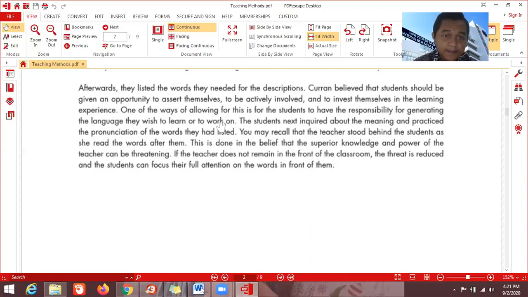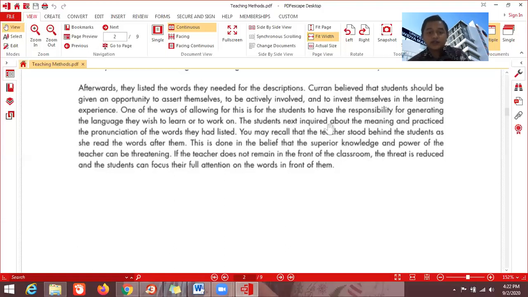As part of a community with different social beings, the teacher cannot interfere with the learning, because it is the language the students wish to learn and work on, not the English or language that is determined by a certain standard from the teacher, of course.